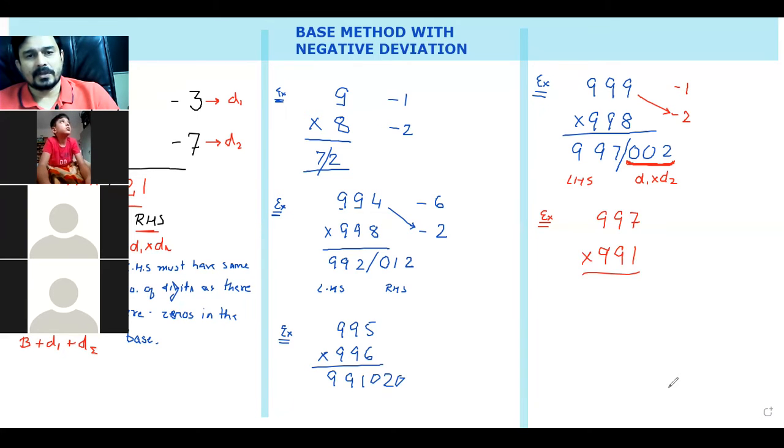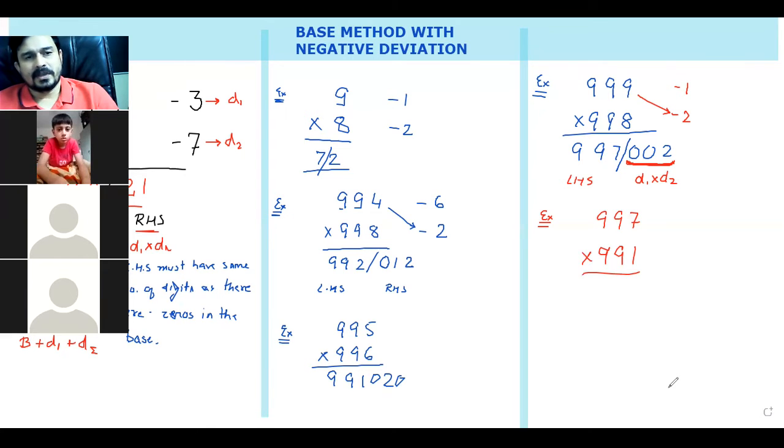Your answer is not correct, Rishan Chawla. 1004007.